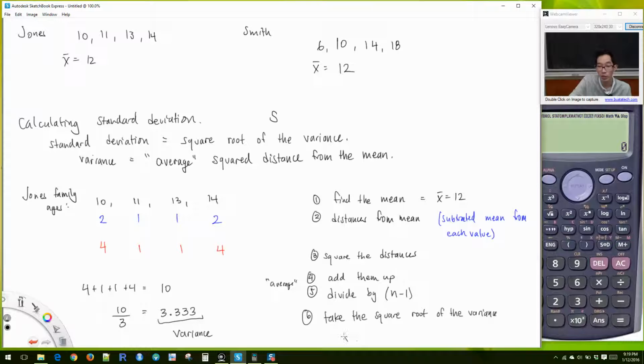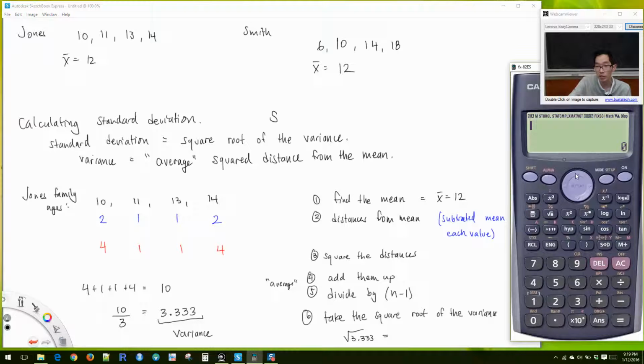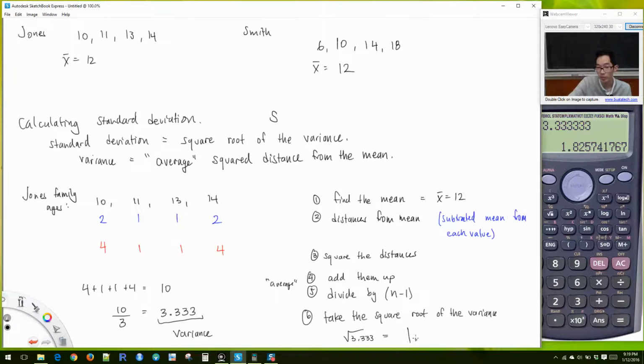So the square root of 3.333 is 1.826. And so my standard deviation of the Jones family kids' ages, s, is 1.826.